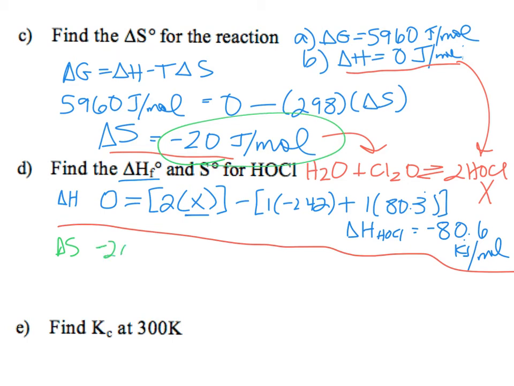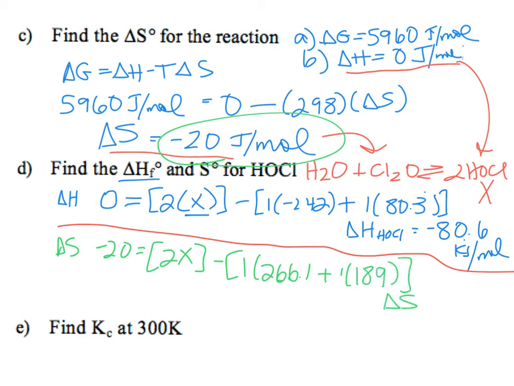Negative 20 is equal to 2 times x minus 1 times positive 266.1 plus 1 times 189. And my delta S of HOCl ends up being 218 joules per mole.